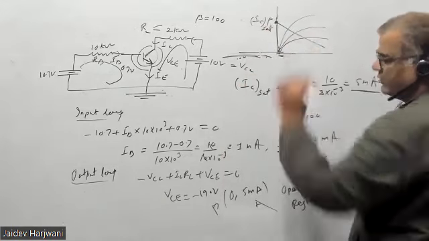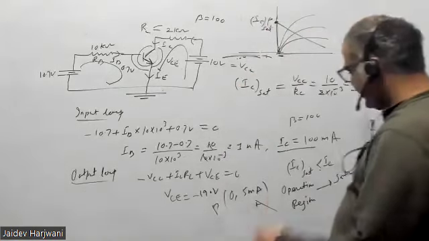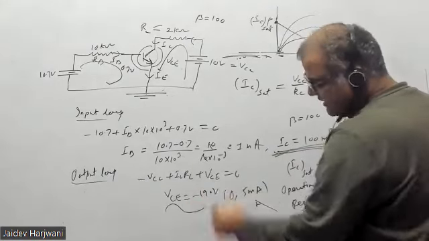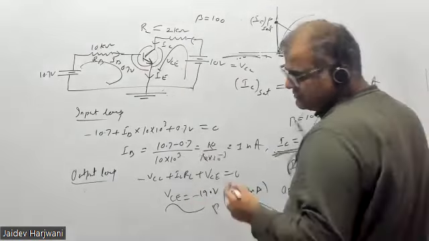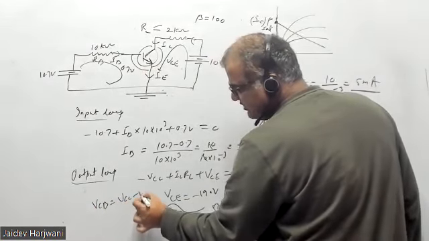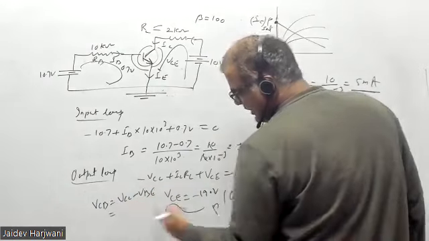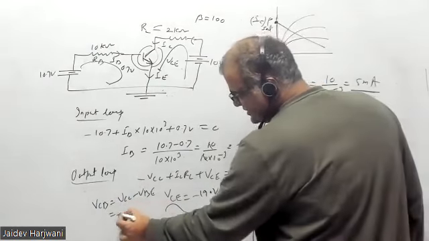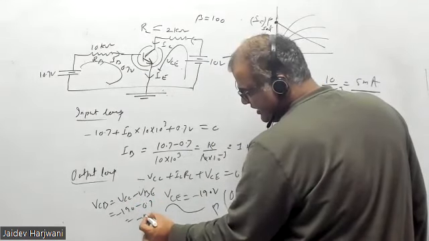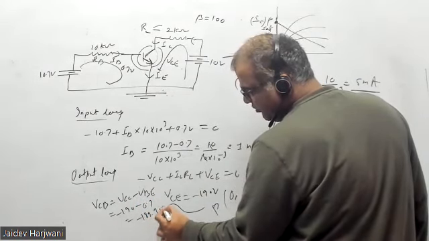If you take this value of IC, this comes negative, and automatically VC becomes negative. VCB is VCE minus VBE. If VC is minus 190 and VB is 0.7, this is almost minus 189.3 volt.